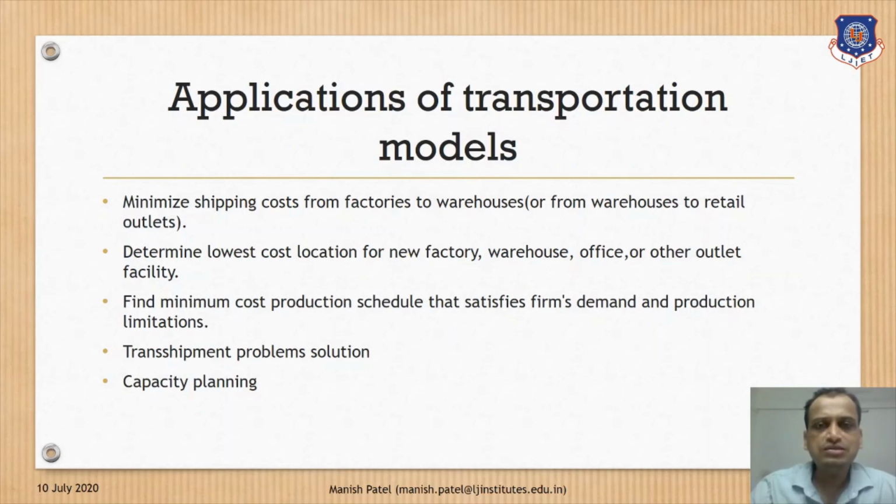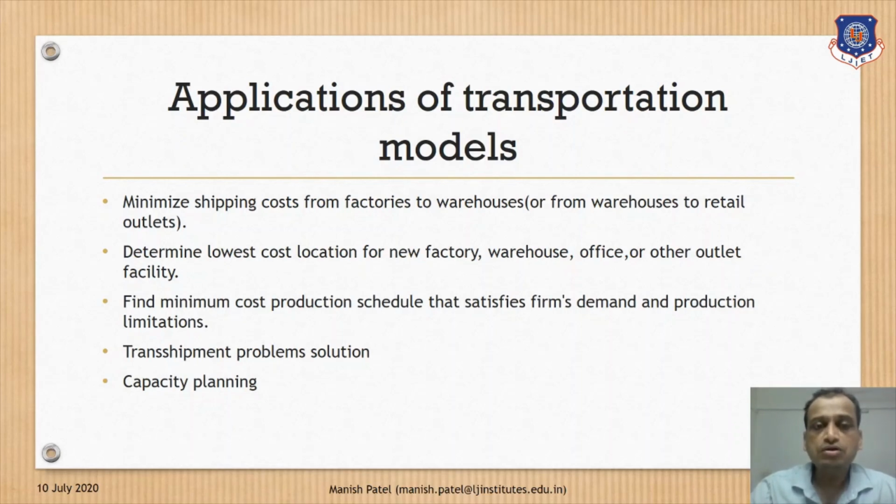So what are the benefits of using those models? What do they provide? They help us find out minimum shipping cost or transportation cost. Let's say, for example, if the company is dealing with the distributions of various products, right? They can find out the optimal transportation time and cost with the help of these models.